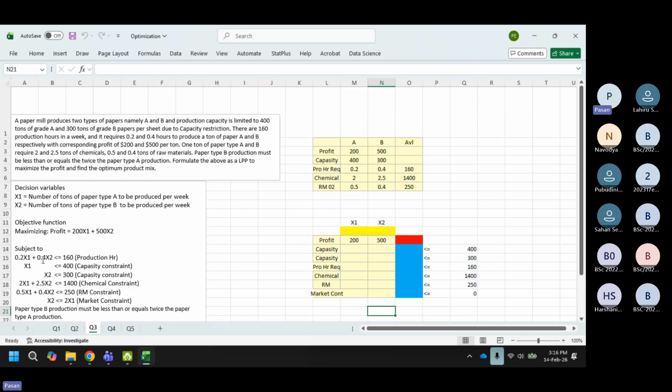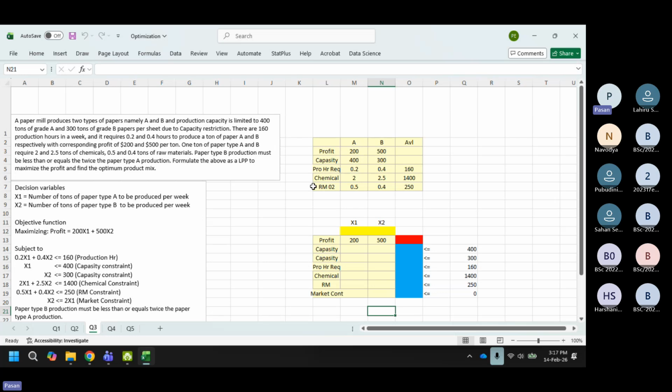And shall we go into this one then? So let's look at this particular example here. They are a paper manufacturer, right?